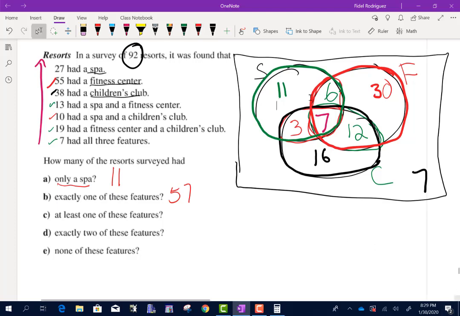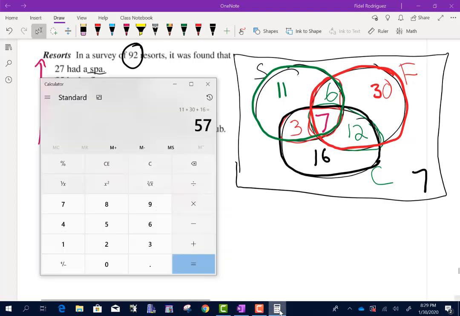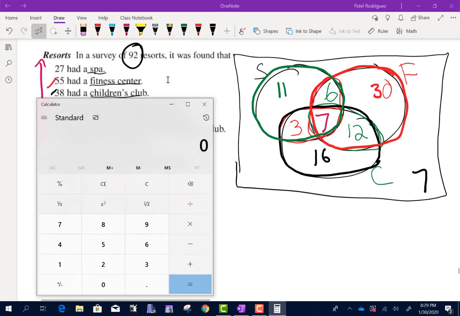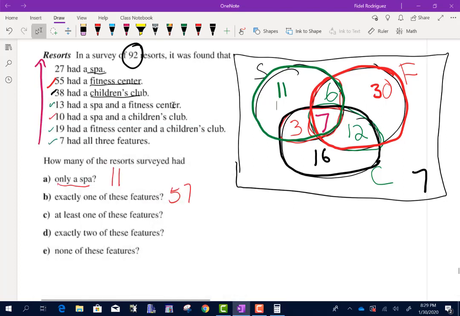So when we added up all those numbers, I don't remember how much it was, but there's an easy way to figure that out. If this is 7, 92 minus 7, I guess it was 85, wasn't it? 85. Okay, so 85 is at least one of those features. And again, all we're really doing is just adding all those numbers up.